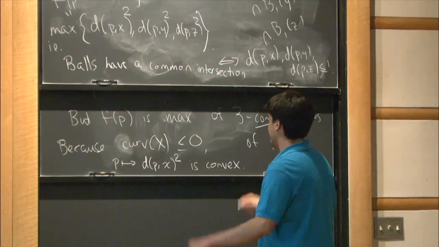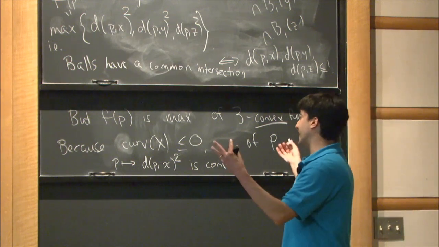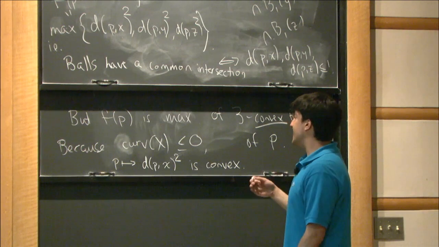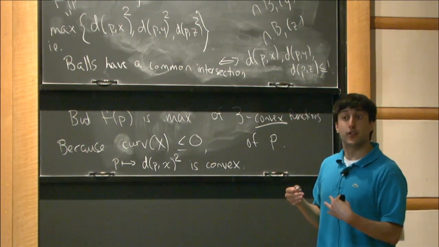In fact, it's strictly convex, and it's a nice smooth function for which, if you restrict it to any geodesic, its second derivative is always greater than or equal to 2.